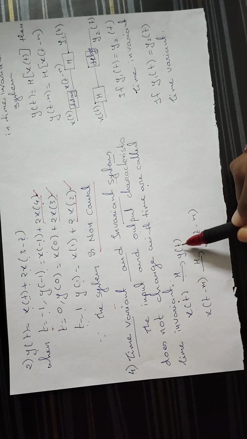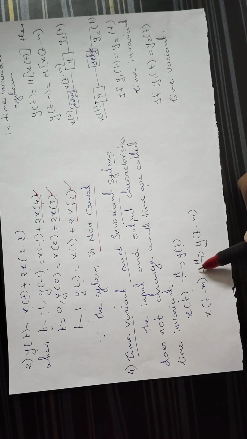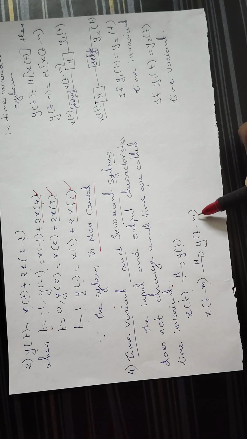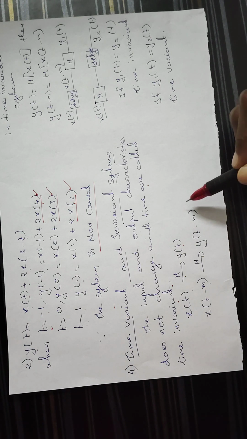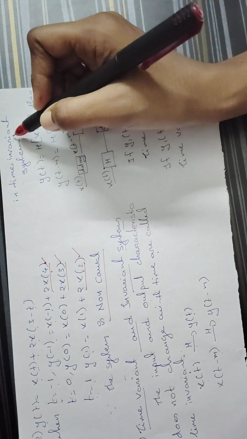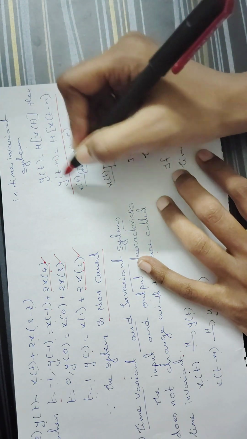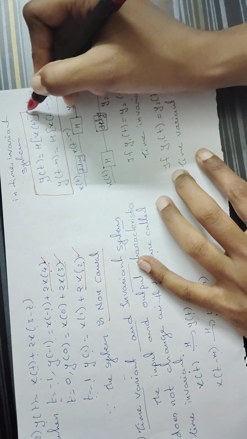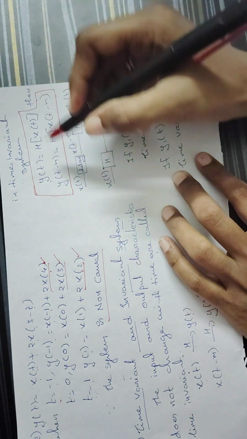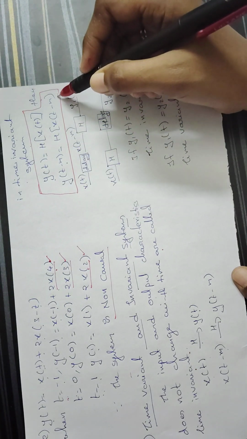If you give x of t minus m to the system, we get y of t minus m. So m is nothing but a delay. So in a time invariant system, if y of t is equal to h of x of t, then y of t minus m is equal to h of x of t minus m.